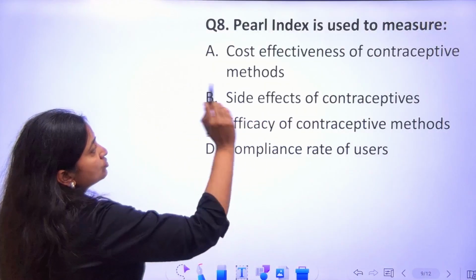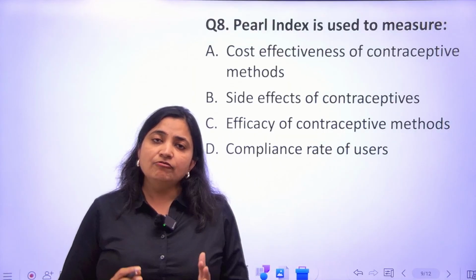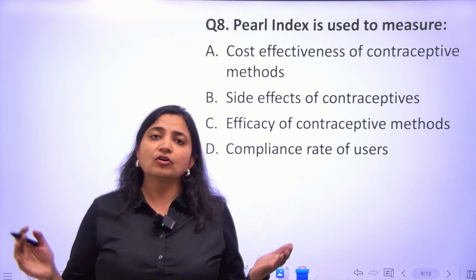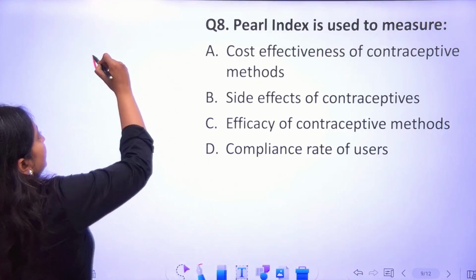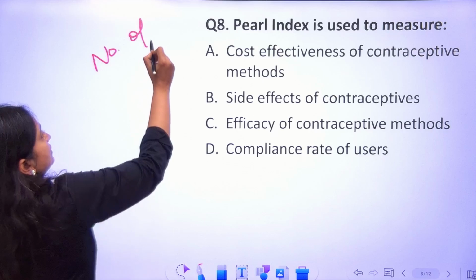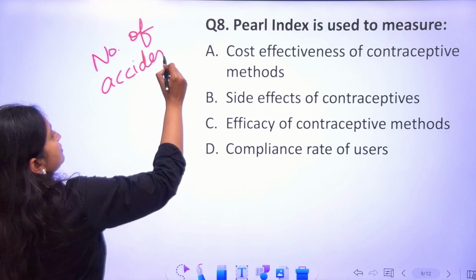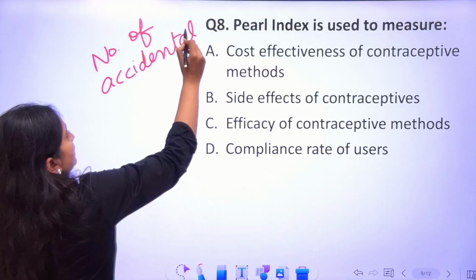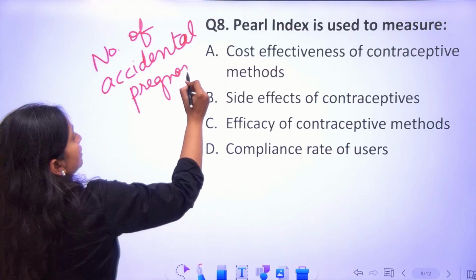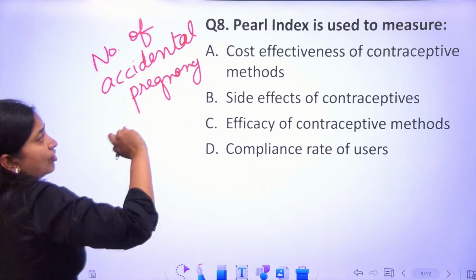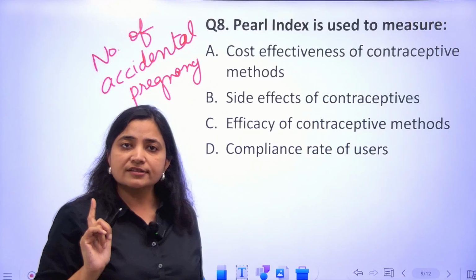Pearl index is used to measure. What is Pearl index? Pearl index is the failure rate of a contraceptive. It is the number of accidental pregnancies per 100 women years. That means over a given span of time, what is the number of pregnancies that would occur. So according to the definition, it measures the failure rate of a given contraceptive.